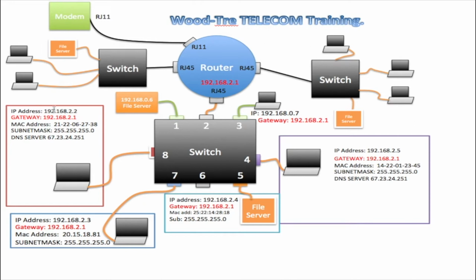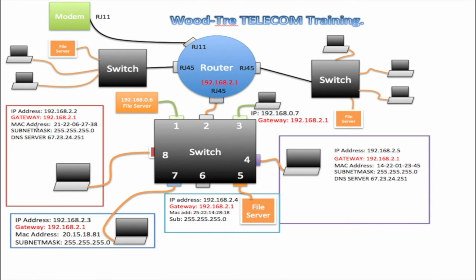All the other numbers have to be the same. If I change any of these numbers before this last dot here, that will stop this computer whose IP address I've changed from communicating with the other computers. So the IP address has got to be the same except for the last digit.